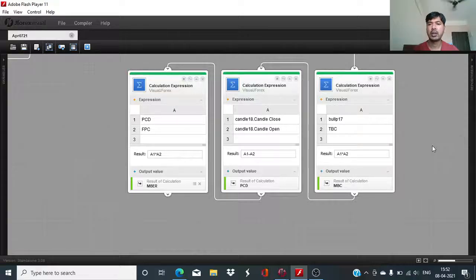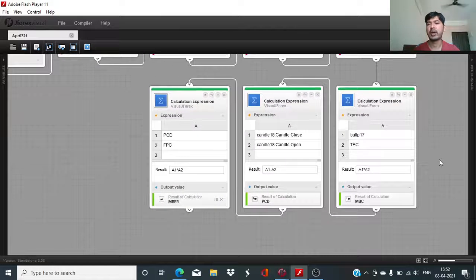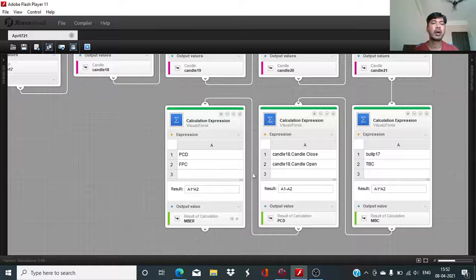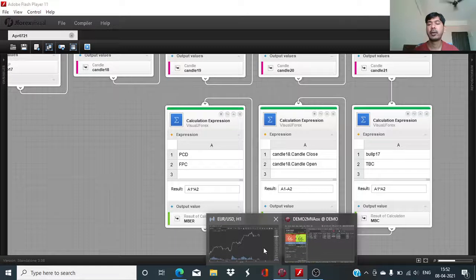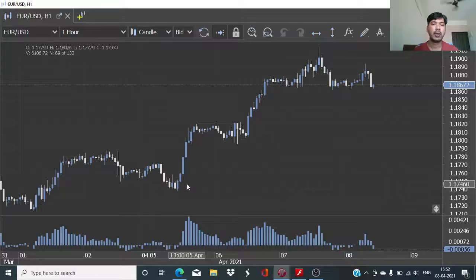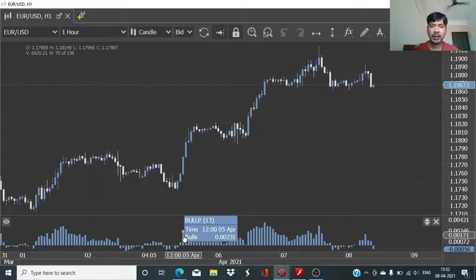I have also done these calculations to define certain conditions. As I had explained to you in the last session, we need enough momentum for the trade to be executed, and for that we are going to rely on the Bull Power output value. The requirement is that for the buy trade to be executed, we will need the last hour's Bull Power output to be twice the prior hour's Bull Power output.